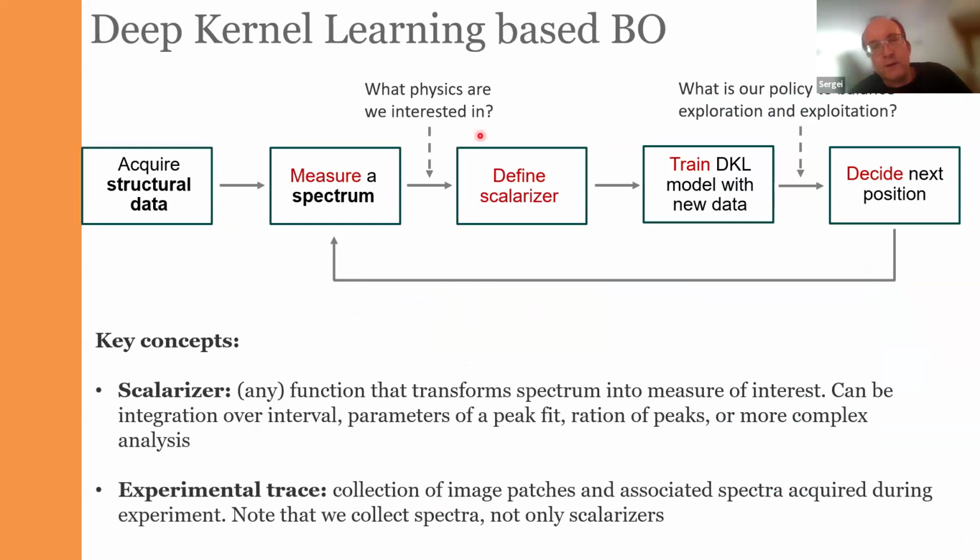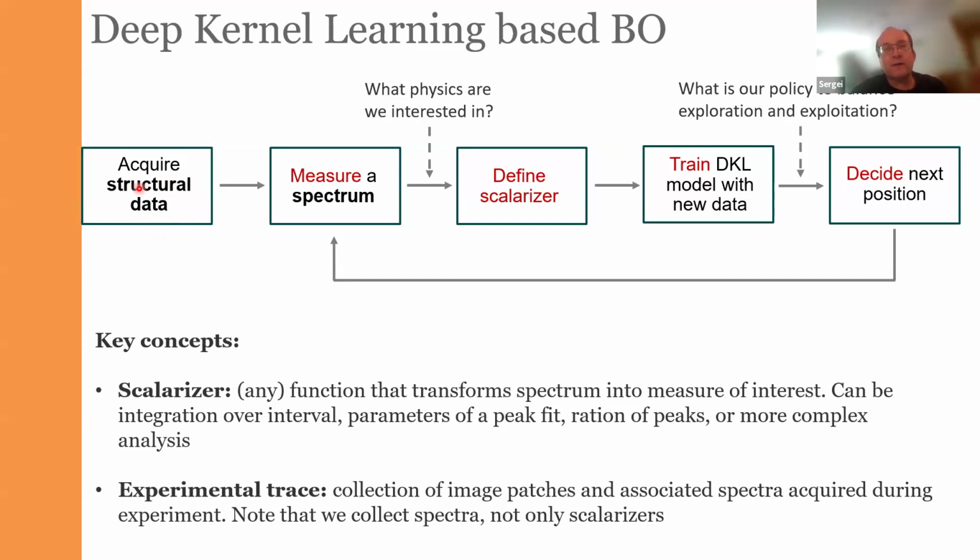So if we bring it all together, this is how our deep kernel learning-based Bayesian optimization workflow looks. We start with our structural data. Structural data is equivalent to defining our search space, where each object in the search space is an image patch taken from a specific location.